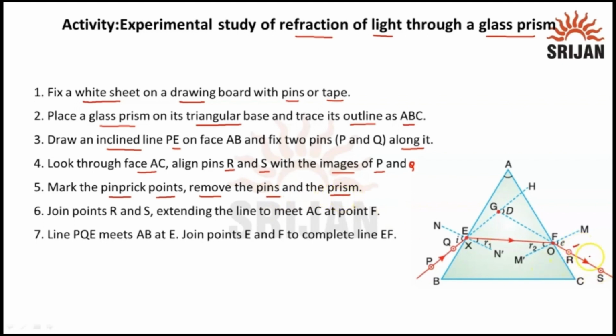These are the points that you have marked, R and S. Now join the points R and S, extending the line up to F so that it meets AC at point F. Similarly, the line PQ meets the face AB at point E. Just join the points E and F to complete the line EF.